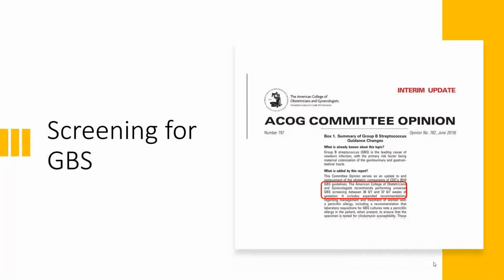In the US, the ACOG committee opinion recommends performing universal GBS screening between 36 and 37 weeks of gestation. That's one of the approaches, again, universal screening.